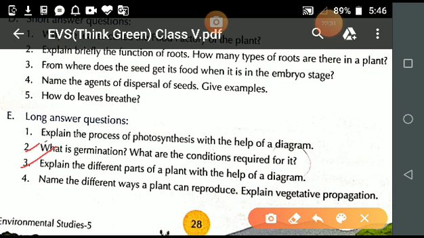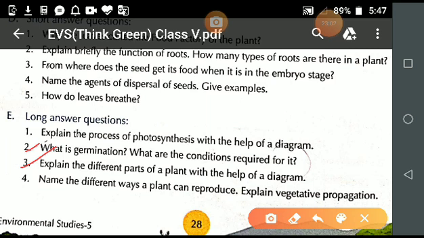Flower also plays a very important role in the plant, because new plants are produced by pollination in flowers. Is it clear?